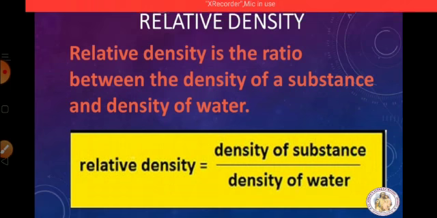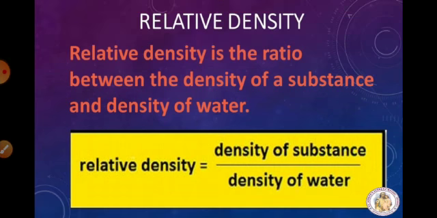So we can compare the densities of two substances by finding their masses. So the relative density of a substance is defined as the ratio of the density of a substance to the density of water at 4 degrees Celsius.